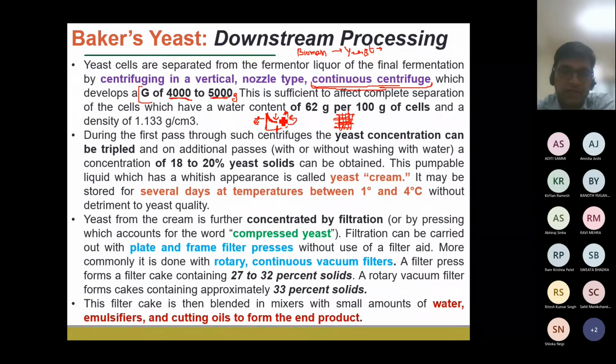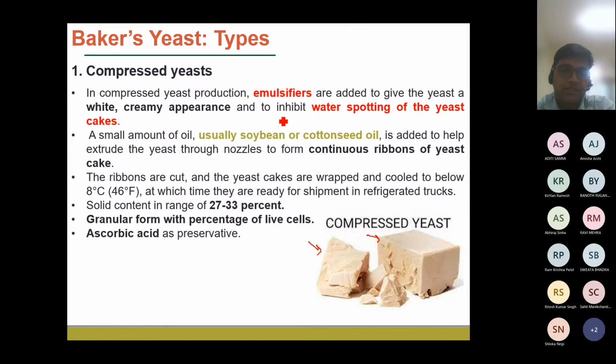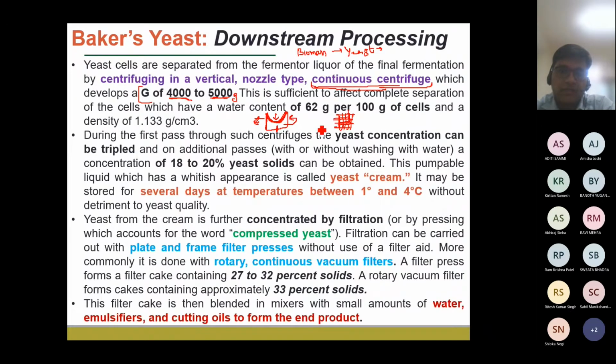However, we will see the two types of products that are generally developed using baker's yeast. But generally, when we have this type of fermentation system, after the fermentation, it is found that the density of the cells that are separated is around 1.133 gram per centimeter cube.